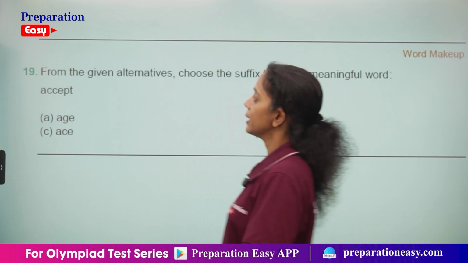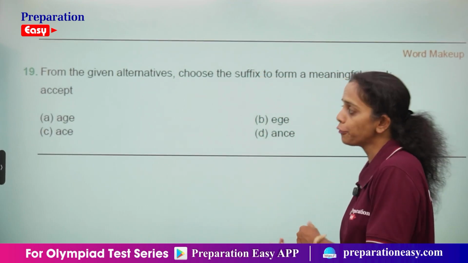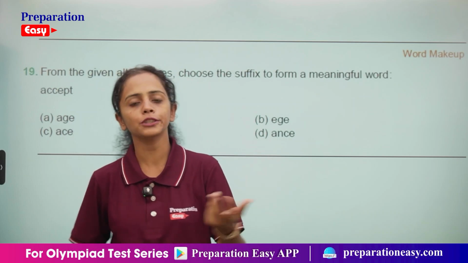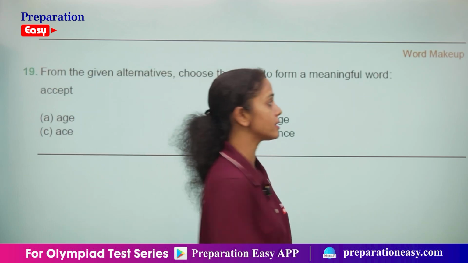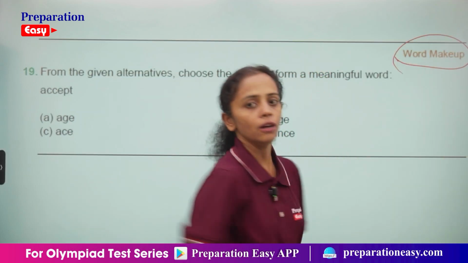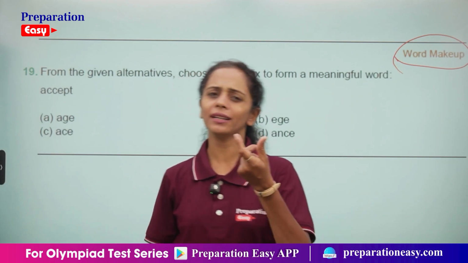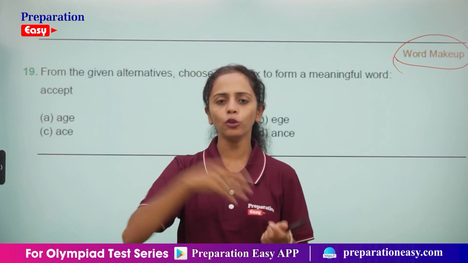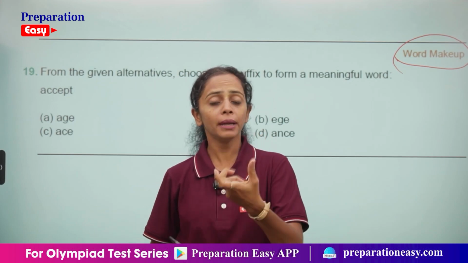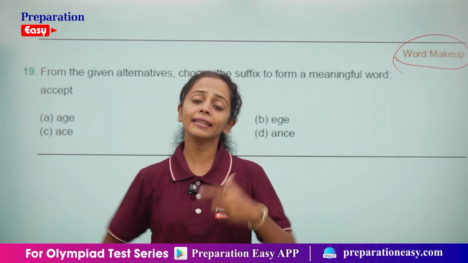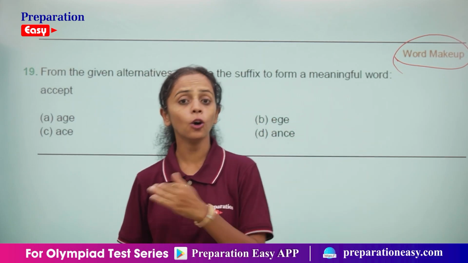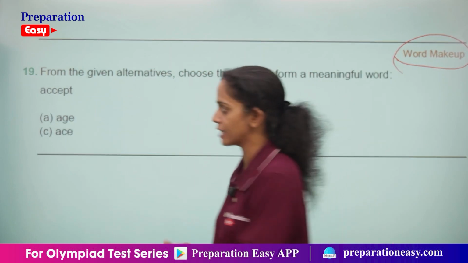Next, from the given alternatives, choose the suffix of the word. Suffix and prefix are the two different things which we are going to see in word makeup. Word makeup means you are going to get a word and you have to put some extra words before or after that word, which makes a meaningful word. That kind of question comes in the category of word makeup in Olympiad sessions of CREST International.